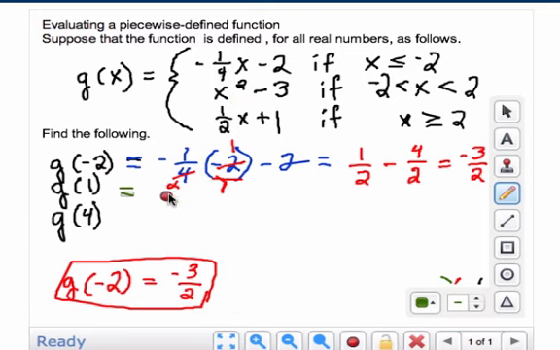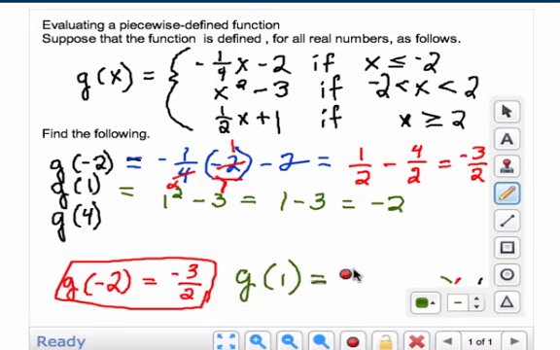I take my 1, square it, and subtract 3. 1 squared minus 3, so I do my order of operations here. 1 squared is 1, and 1 minus 3 is -2. So there's another solution. When I input a 1 into my function, I get a negative 2 back. We write that as g of 1 equals negative 2.